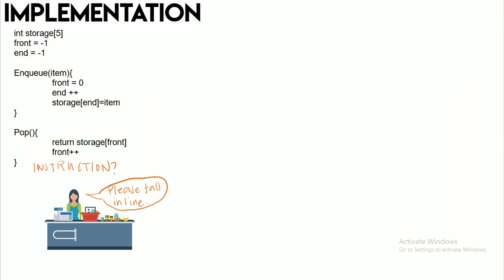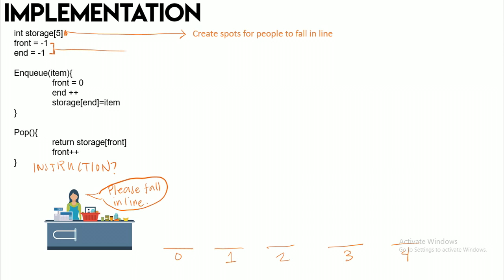So let's go back to our code, and line 1 says that we need to label the available spots for the people to fall in line. So we create spots, and let's label them starting with 0. Let's say that we need to tell the cashier to be mindful of who the first one is, or to know where the front is.